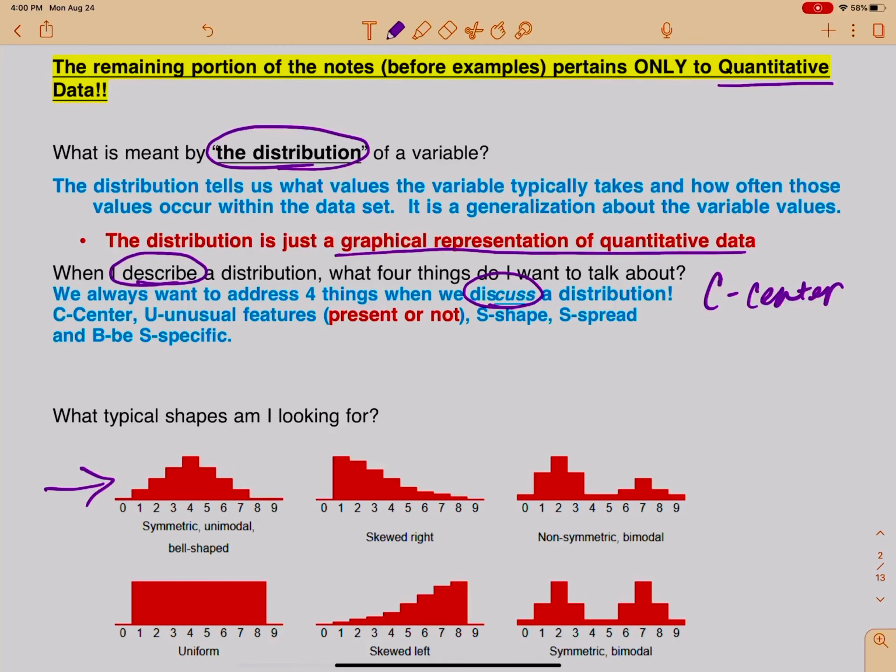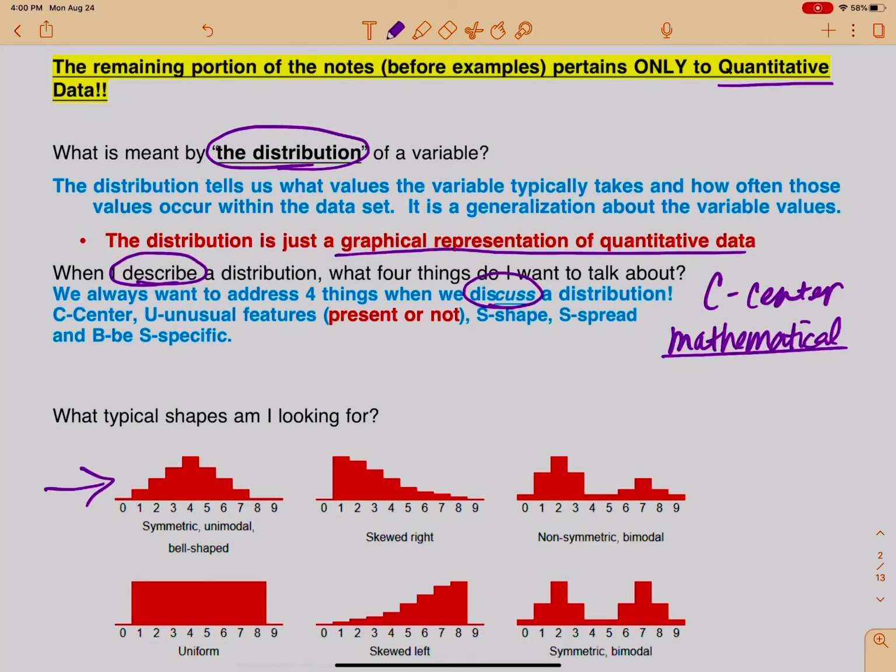I'm talking about a mathematical center, okay? A numerical value like the mean or the median. Those are the two values for center we're going to discuss in Unit 1. So you'll need to address the center of the math, not the center of the picture.